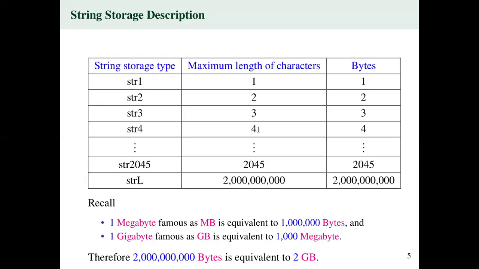If you have 4 or fewer characters in that particular string variable, it will consume 4 bytes. But if you have more than that, the maximum number of characters in one of the cells of that column will define the maximum bytes reserved for that variable.